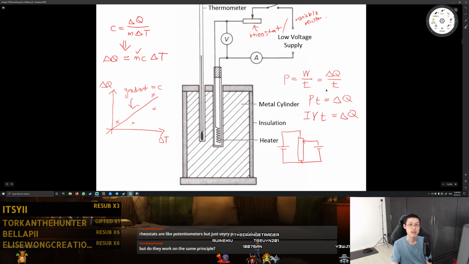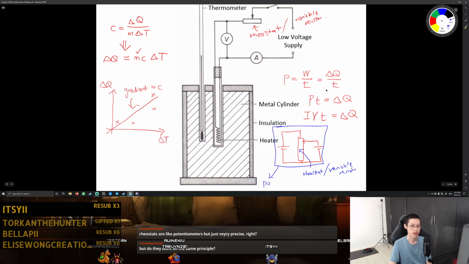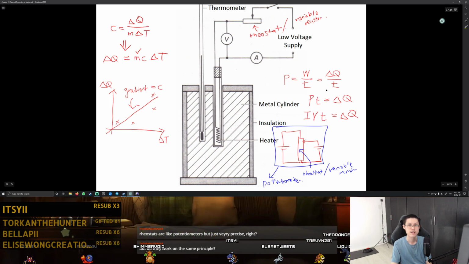So usually this thing is a rheostat or variable resistor. But this whole thing is called a potentiometer. So I suppose you could say a potentiometer may contain a rheostat, but a rheostat is not a potentiometer, if that makes sense.